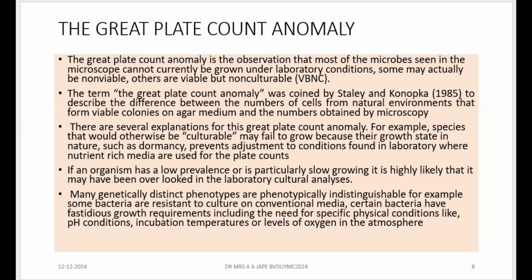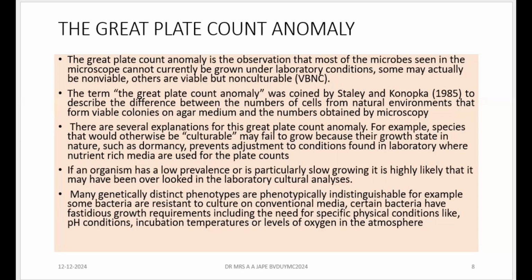The second possibility is that the bacteria are viable but don't grow. They fail to grow. So is it in a dormancy state, where you need to break that dormancy, like with spores, which are a dormant phase of bacteria? We have to give some trigger so that they come back into their viable, vegetative state and start growing and multiplying.